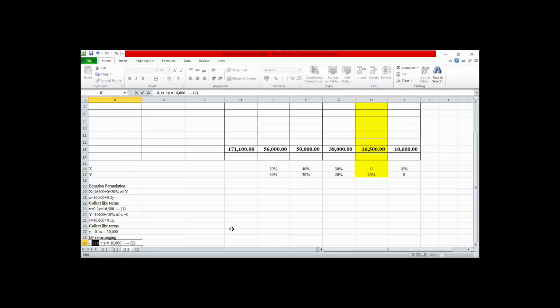The first equation, we have this plus this. When we collect the like terms, it's supposed to be minus. Thank you, good observation. Yes, it should be minus. X minus 0.2Y. Correct.